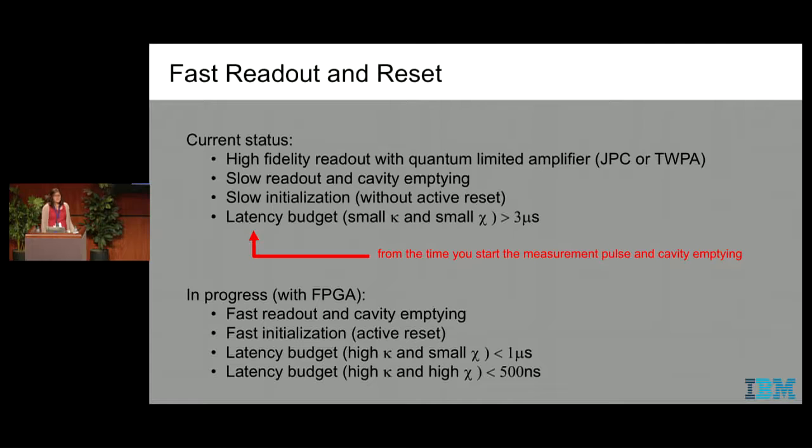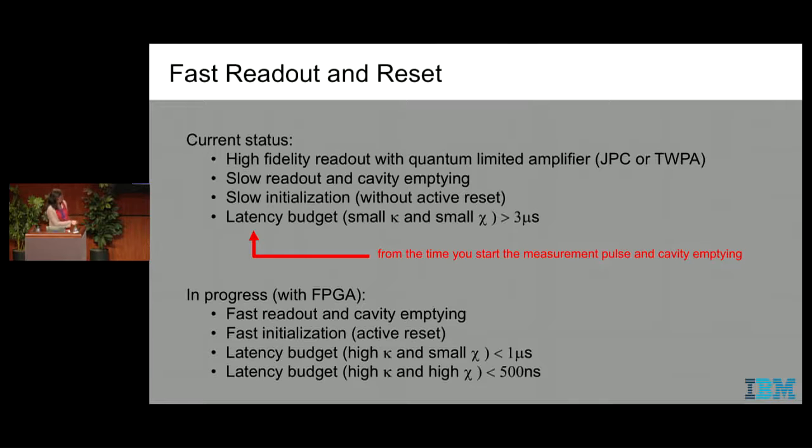With that, using an FPGA, we could do fast readout and cavity emptying just by engineering, just changing the kappa and chi. And you could also do fast initialization by doing active reset.